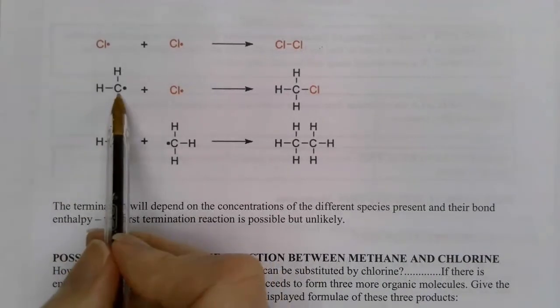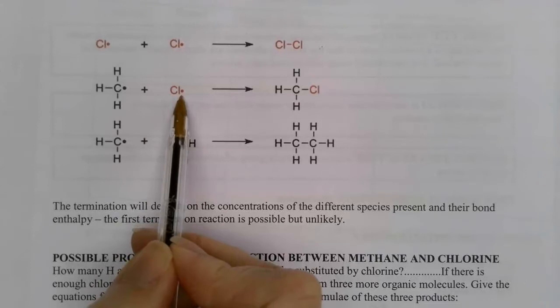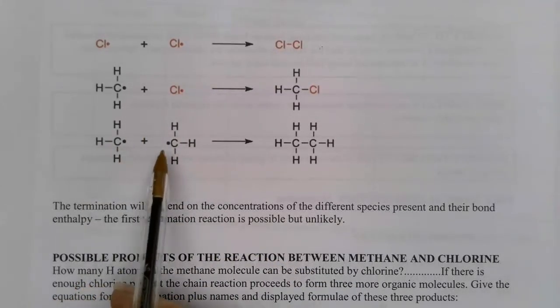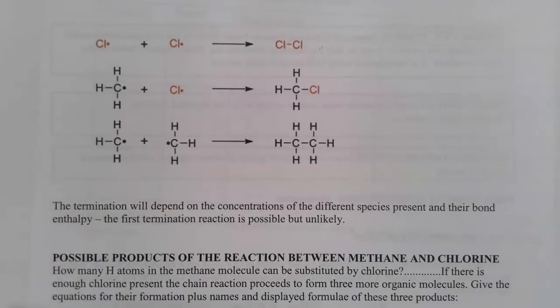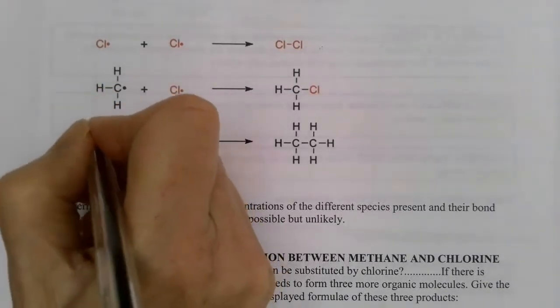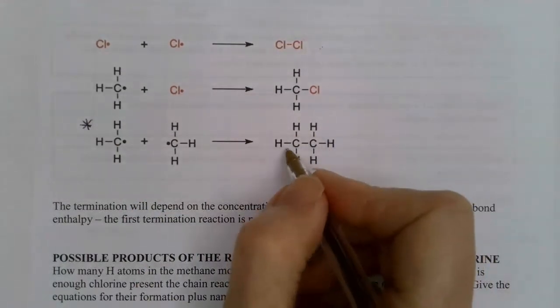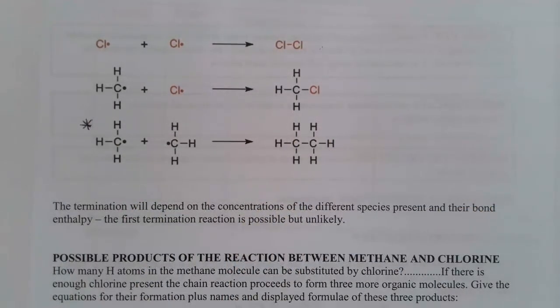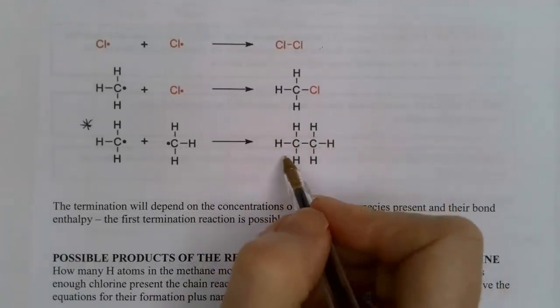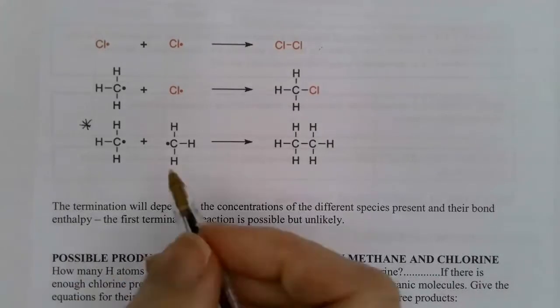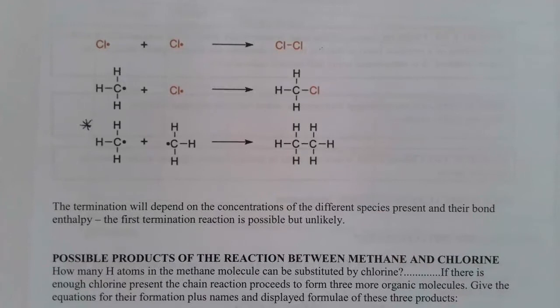But you can get the methyl and the chlorine free radical reacting together, or, and more importantly, you can get 2 methyl free radicals reacting together. This is a very important termination step because it creates a molecule of ethane. So finding the ethane in the reaction mixture gives us the evidence that this mechanism is correct. So it's quite an interesting termination step.